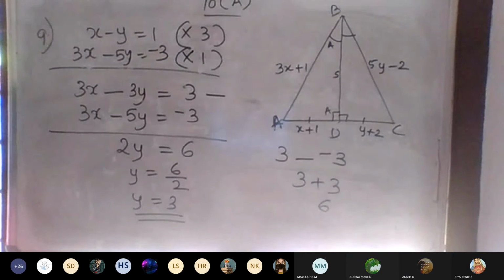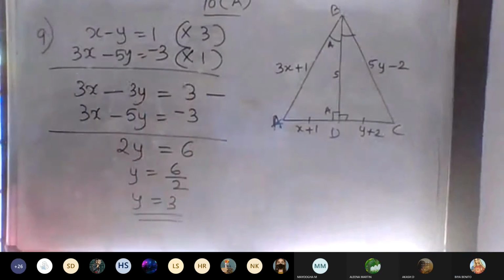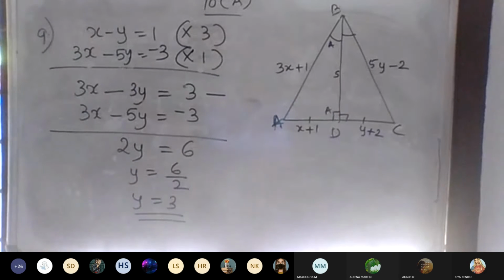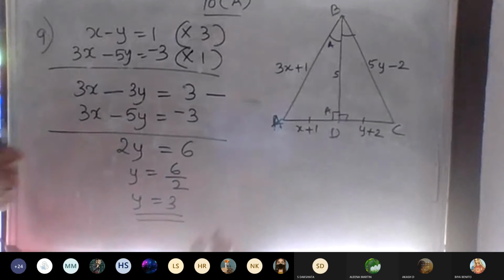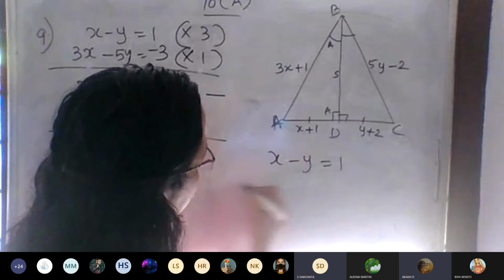Any doubt in this? No, ma'am. Then we have two equations, so we can substitute now into the simple one instead of multiplying by 2 and all. X minus y is equal to 1.